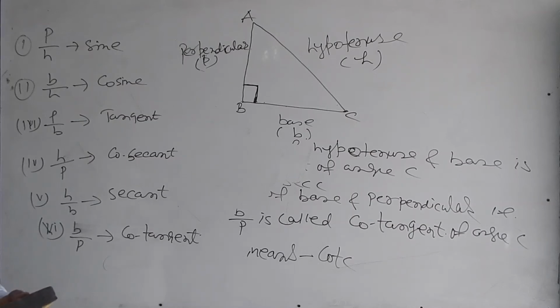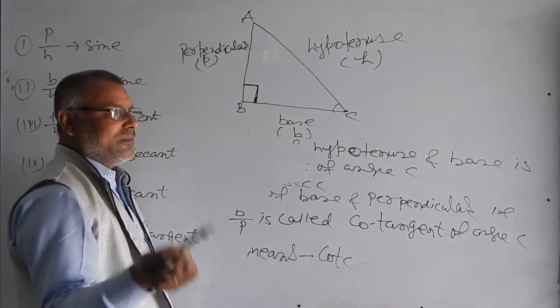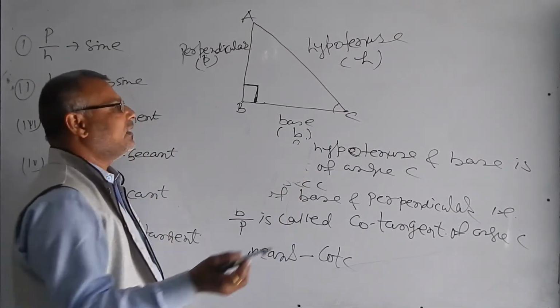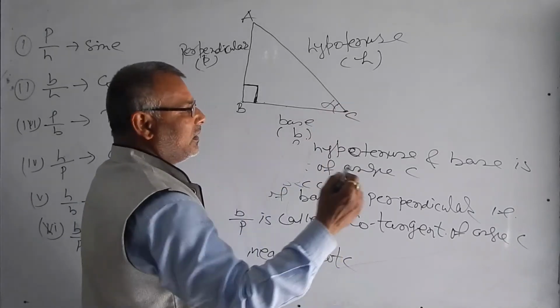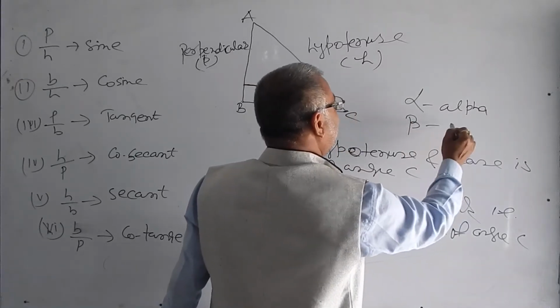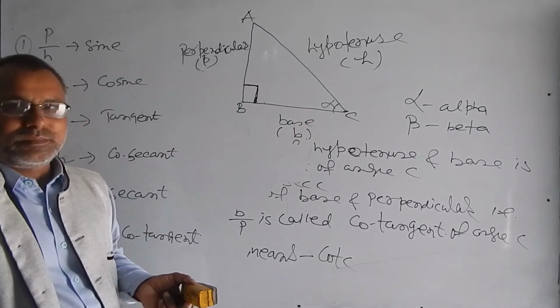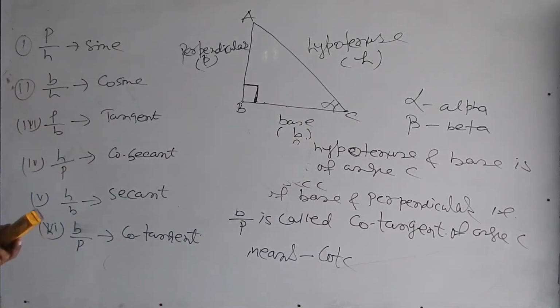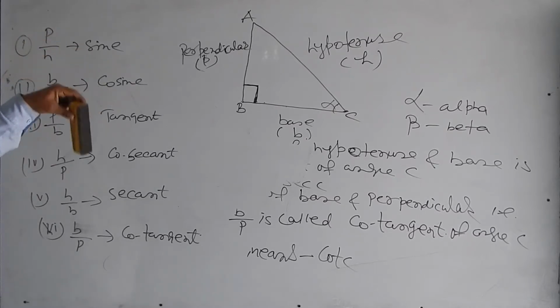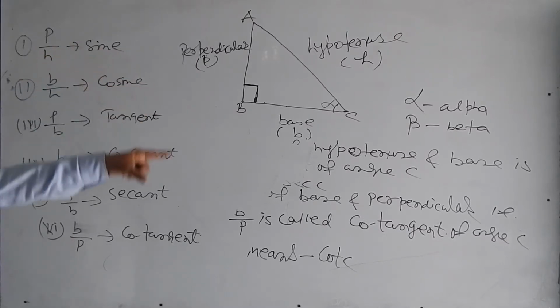For the symbol, if you measure this angle C and its measurement is, suppose, something degree, then we write alpha. This symbol is called alpha. This symbol is called beta. These are the symbols for the measurement of angle. And basically, the whole trigonometry depends on these 6 ratios. And thus, this is the introduction of this trigonometry.